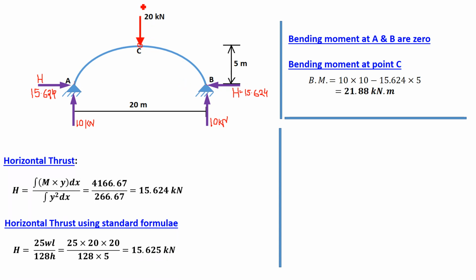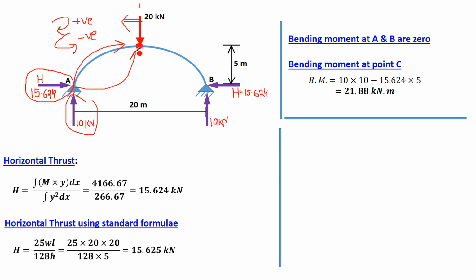So how to calculate? If you take a moment here, and consider the left section, there is bending moment due to 10 kilonewton and bending moment due to 15.624. Since we are considering the left portion, we take clockwise as positive and anti-clockwise as negative. So the moment of 10 will be positive and the moment of H will be negative.